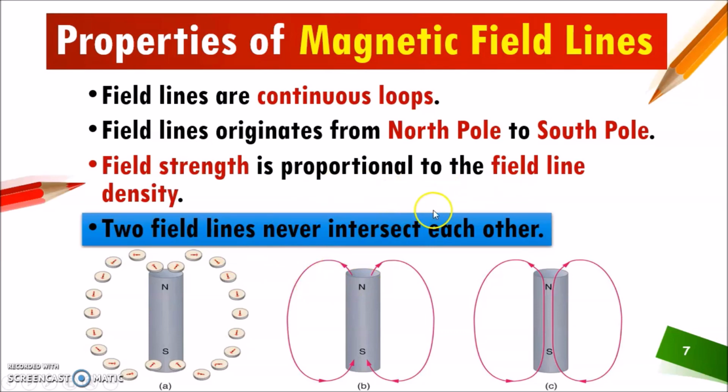The field strength is proportional to the field line density. What is the meaning of this statement? Field strength is proportional to the field line density. When the magnetic field lines are close to each other, then the magnetic field strength is high.